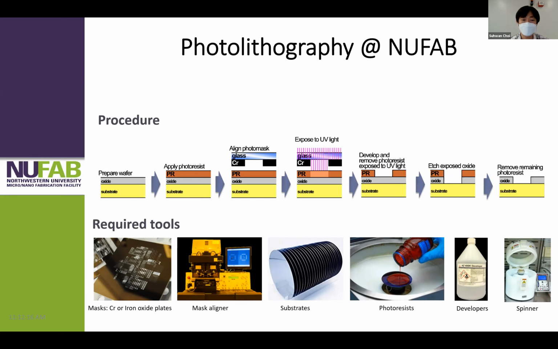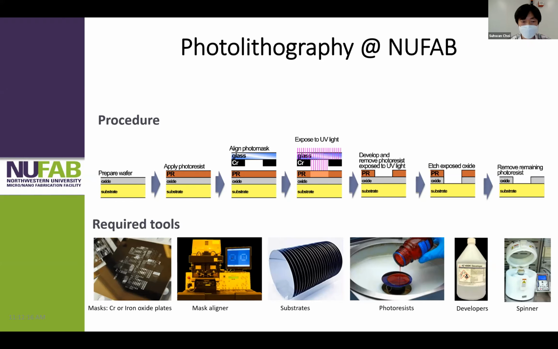We have a chromium mask and an iron oxide mask here in NUFAB. We expose the light using a contact aligner, develop, and then etch with RIE or wet etching, and then strip the photoresist. That is how photolithography works for microfluidic fabrication.